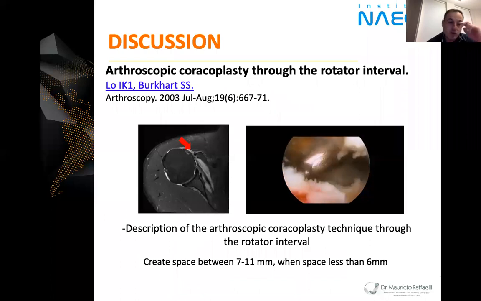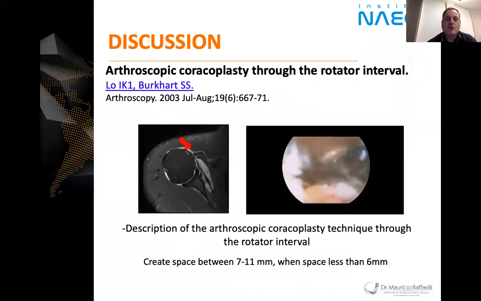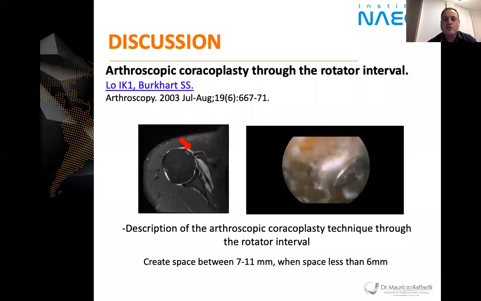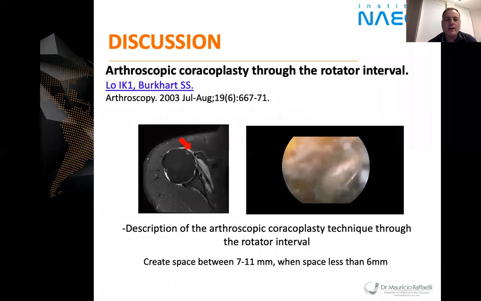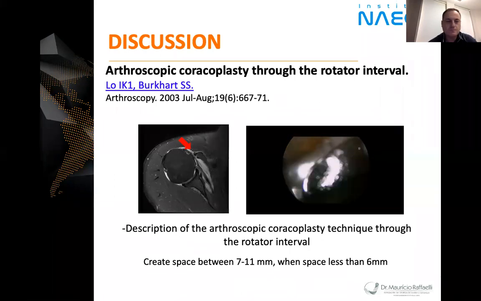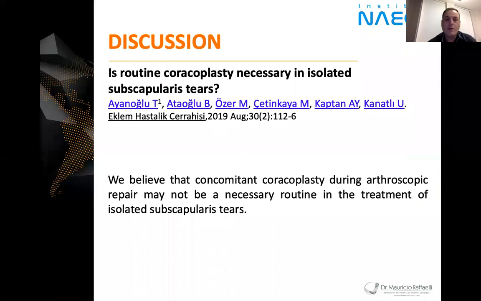But Dr. Burkhart, in 2003, described the arthroscopic coracoplasty to be performed when the coracohumeral space is less than or equal to 6 millimeters. However, more recent studies showed that coracoplasty must be evaluated and performed case by case, and it is not a routine for all subscapularis tear repairs.